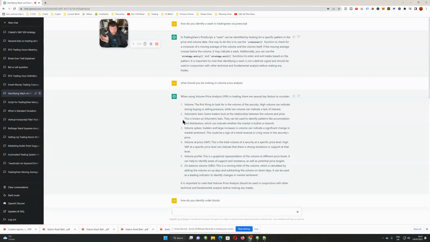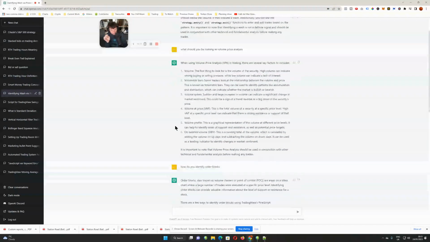This can be used to identify patterns like accumulation and distribution, which can indicate whether the market is bullish or bearish. Volume spikes: sudden and large increases in volume can indicate a significant change in market sentiment. Volume at price: this is the total volume of a security at a specific price level. High volume at a specific price can indicate a strong resistance or support at that level.